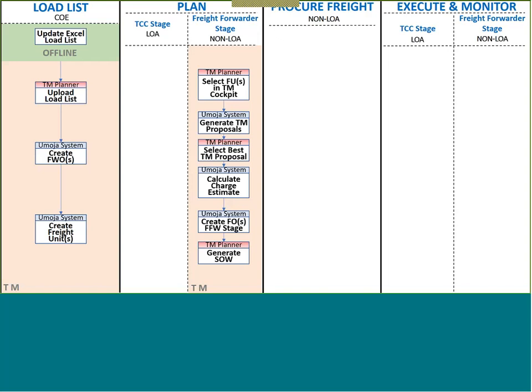There would be a comparison in terms of reporting between the estimated charges and the actual charges, so that eventually the UN can have a better understanding of how much it's costing us to transport these materials. That would be the planning stage for both the TCC stage LOA and the freight forwarder stage non-LOA. Basically just as yesterday. The only thing that was different was the load list that we saw at the beginning.